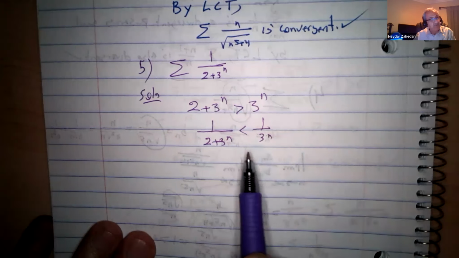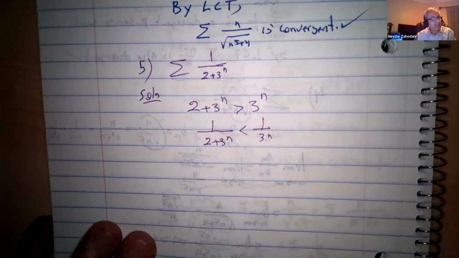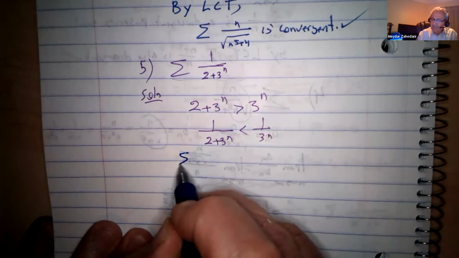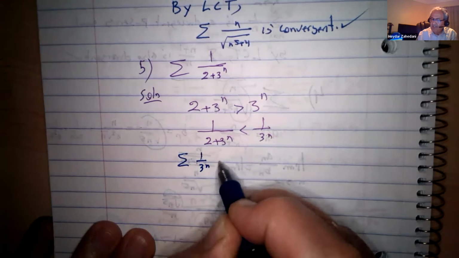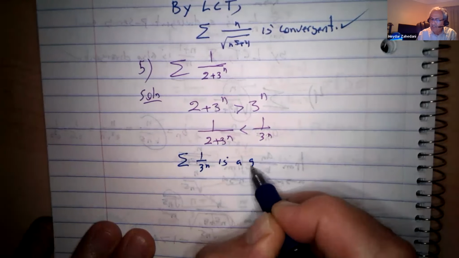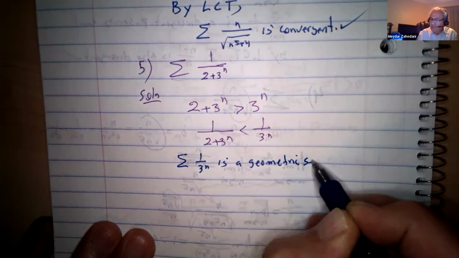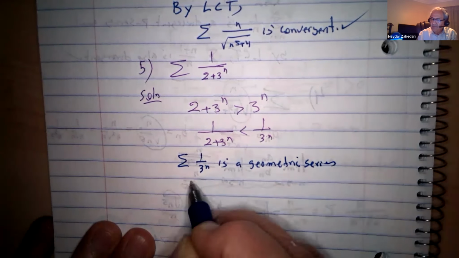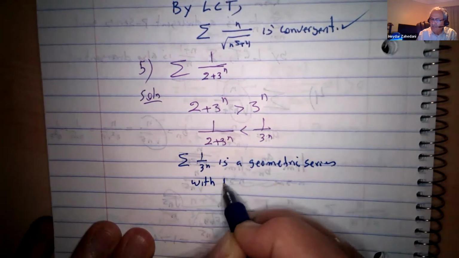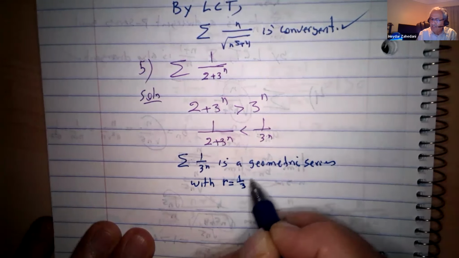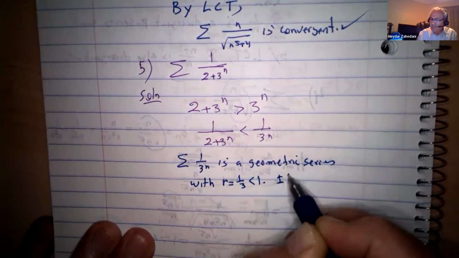So you cover the school, so you cover every room. So you explain that sigma of 1 over 3 to the n is a geometric series with the common ratio of r equal to 1/3, less than 1, it converges.